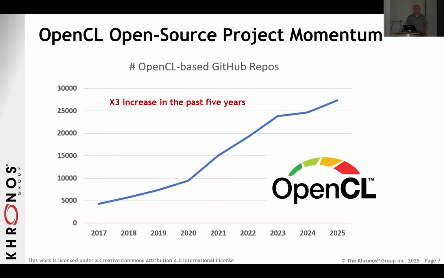It's not leveling off. If anything, it just keeps on growing. Neil observed that it's basically a 3x increase in the past 5 years. And it's kind of neat too, the little elbow in that curve is about when we released OpenCL 3.0. So we've definitely seen a slight uptick since then, but it's basically been linear.